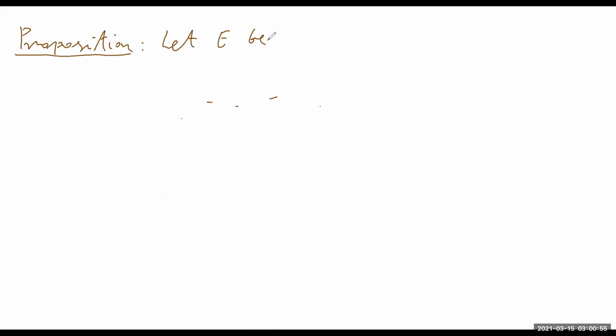So let E be a finite acyclic graph. And remember this proposition which I showed you and its proof was exactly done under the same assumption. E was assumed to be a finite acyclic graph.